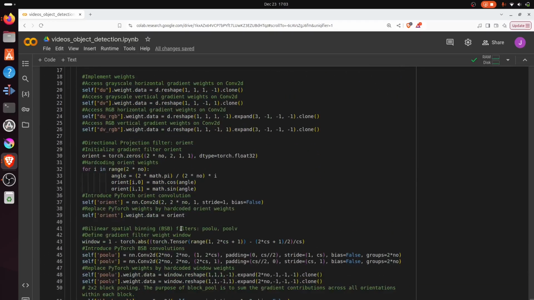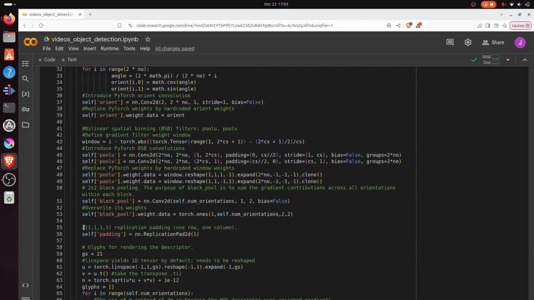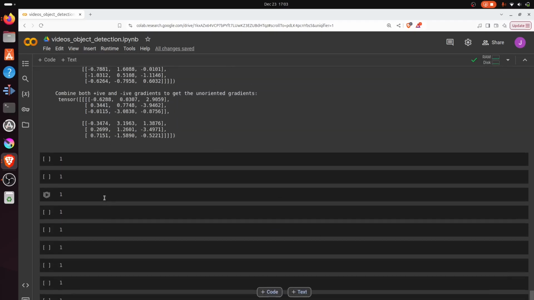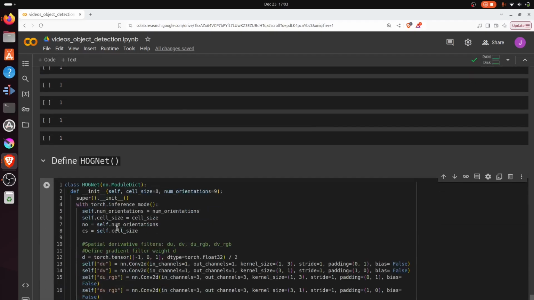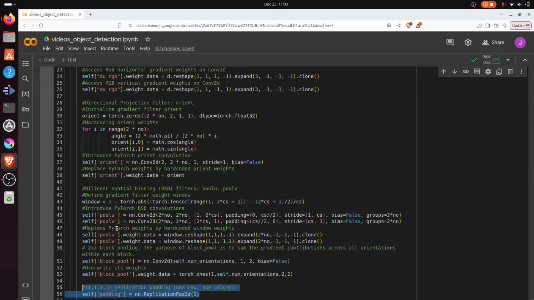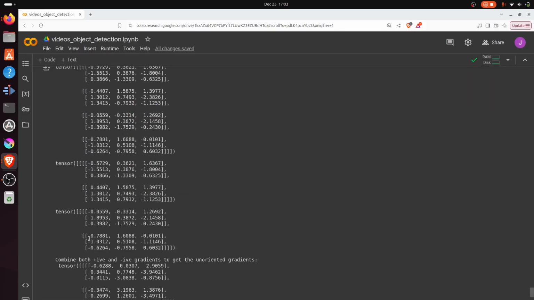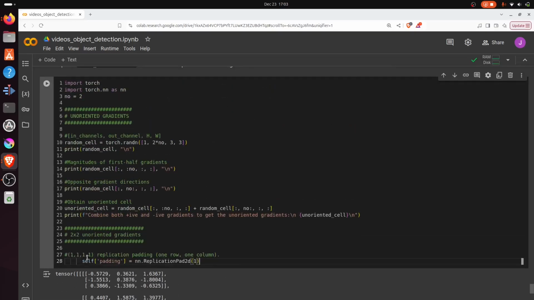If we have a look here, this replication padding, we are going to utilize this one right now. So I'm actually going to copy paste it, and we're going to utilize it.